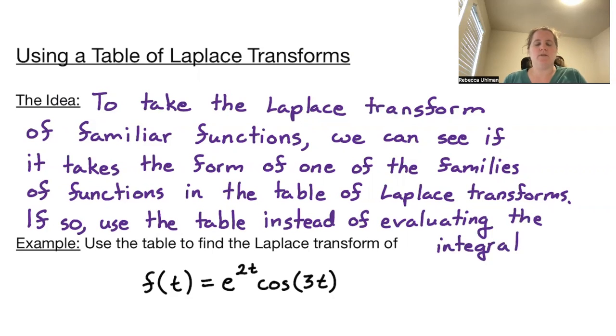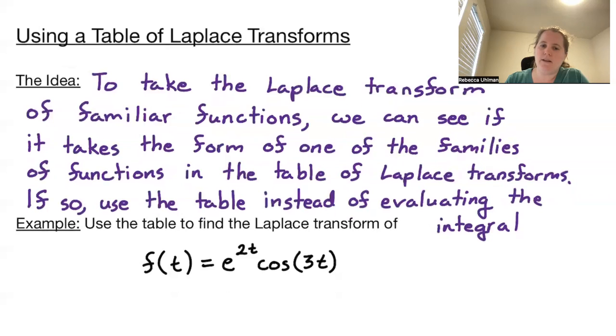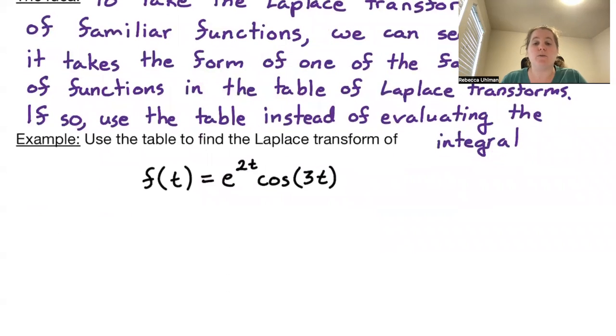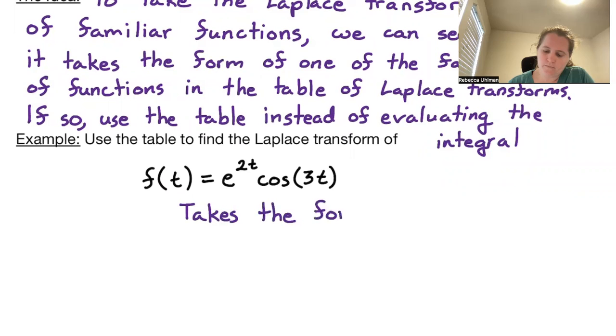So for example, let's go ahead and use the table to find the Laplace transform of e to the 2t times cosine of 3t. So I can already tell you that in a Laplace table, we will find this takes the form e to the lambda t times cosine of omega t.